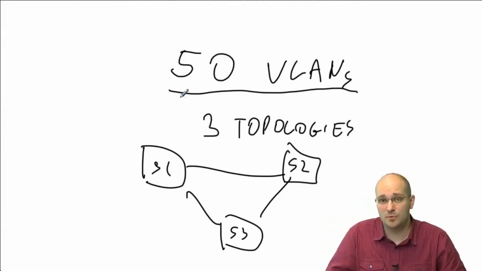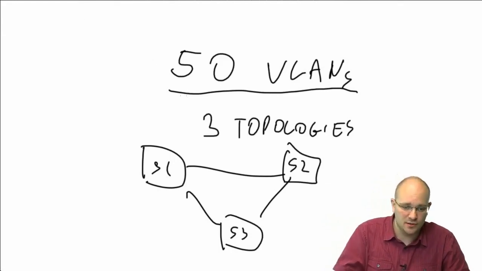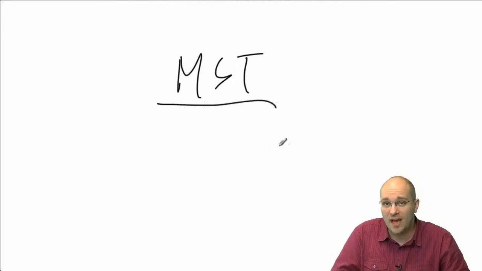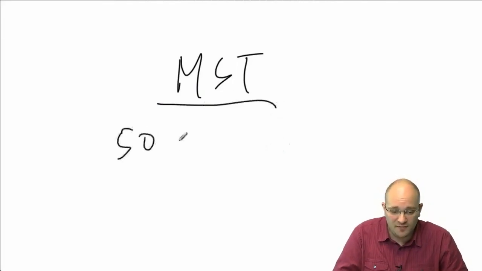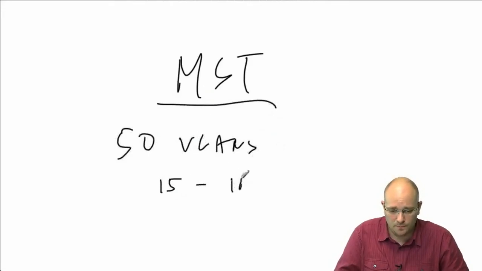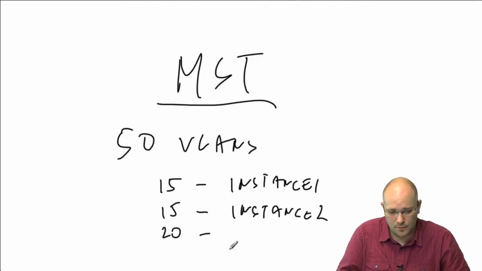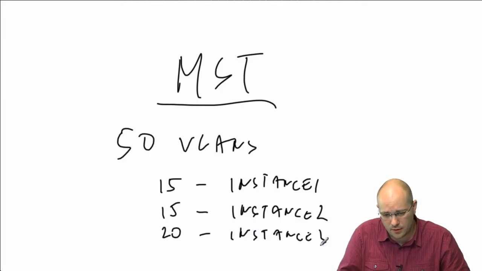And this precisely is the reason why MST was invented. With MST, out of these 50 VLANs, we could map, let's say, 15 to instance 1. We could map 15 to instance 2. And we could map 20 to instance 3.